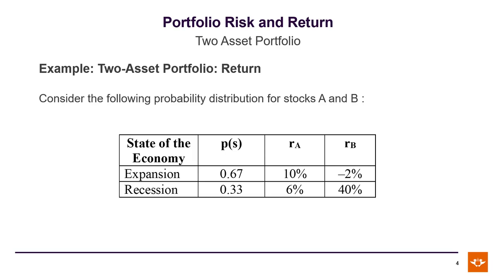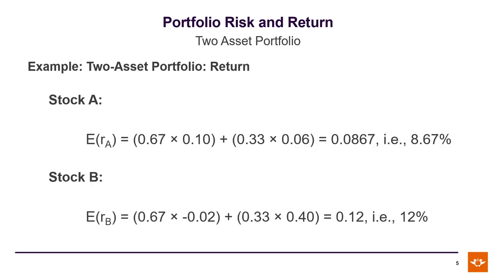There's a 2/3 chance or probability of an expansion, 1/3 for a recession, and stock A behaves well during expansion, not so well during recession. Surprisingly, stock B performs quite badly during an expansion and very, very well during a recession. So maybe we're looking at necessities here. Anyway, we're now going to move on in the next slide to calculating the expected return.